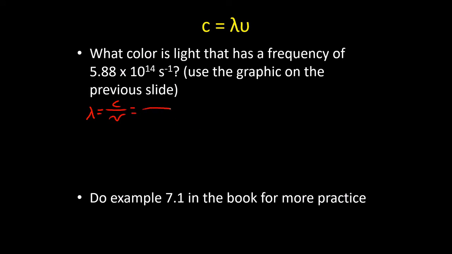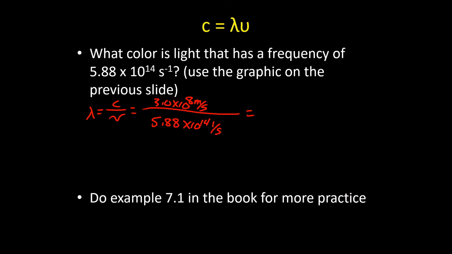So we're going to do the exact same thing here. Speed of light has not changed. The frequency is different, though. So we have the speed of light divided by 5.88 times 10 to the 14.